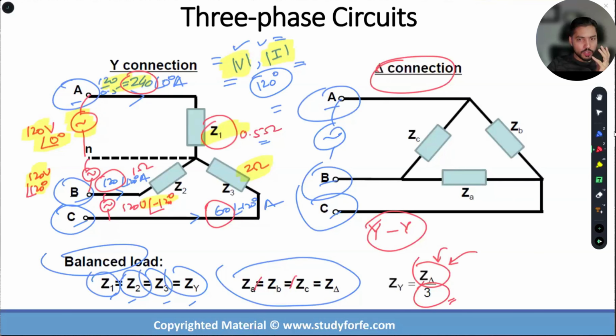Now, what does it look like in reality? What it means is that I am now taking my Y, the ZY that I have figured out, and placing it like this: ZY, ZY, ZY.